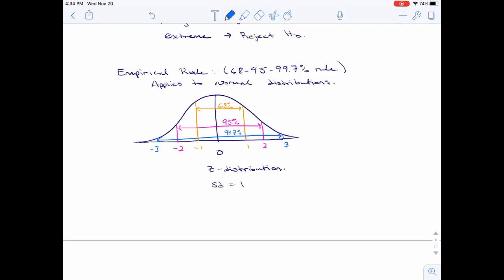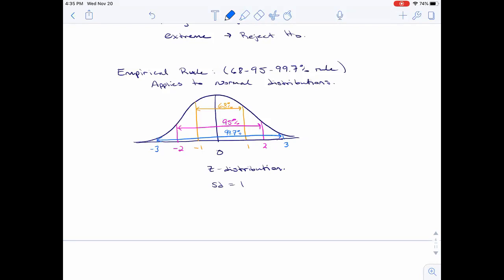So what does that mean? Now that we have this kind of understanding of p-values and alpha levels and things like that, right? If we're saying that a z that's beyond 2 is significant, right, or extreme, well, if between -2 and 2 is 95, I've got 5% left over, right?